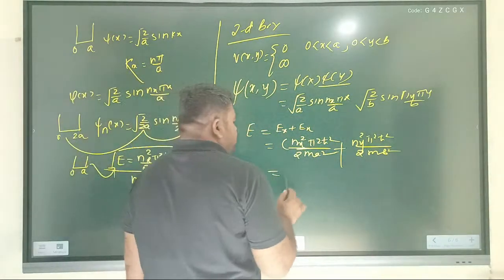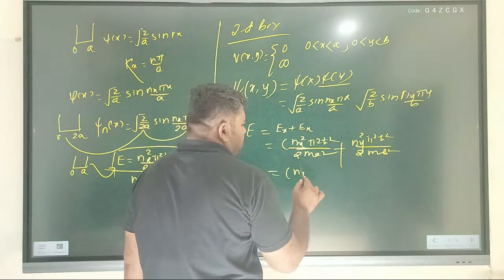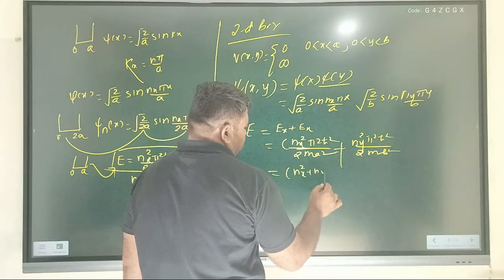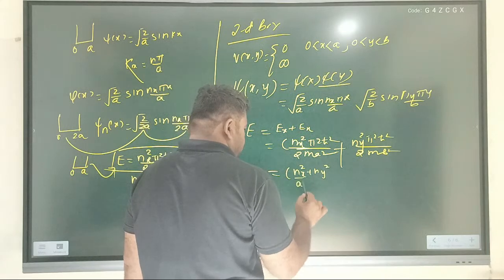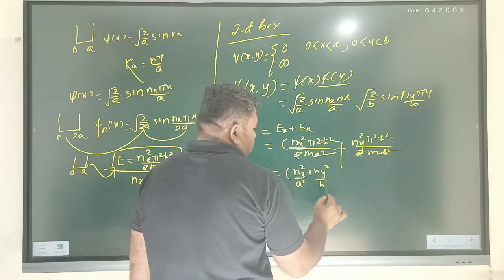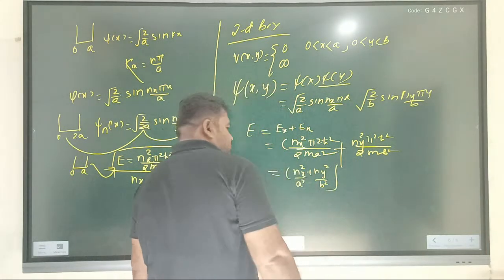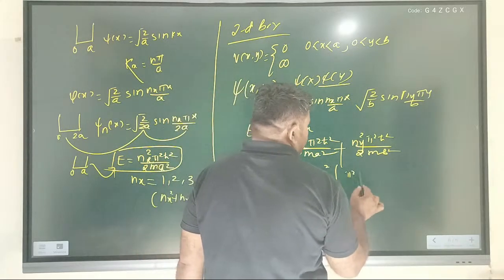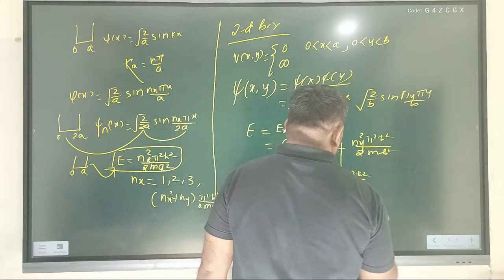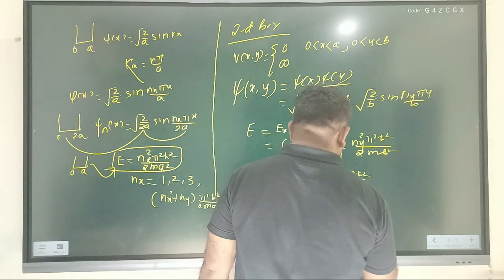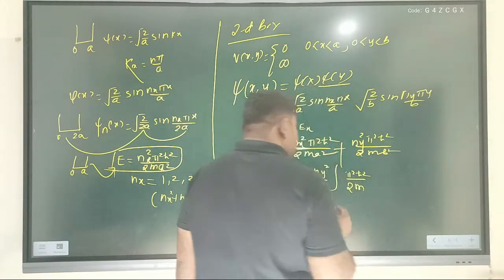So what will it become? We can take the common part: nx square upon a square plus ny square upon b square into pi square h cross square upon 2 m, where m is the mass of the particle.